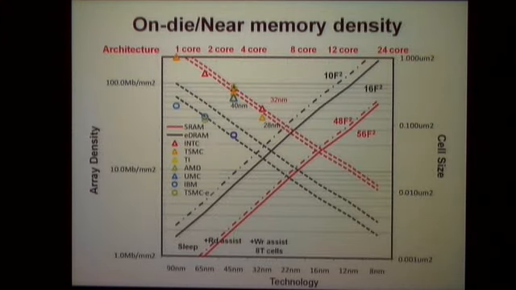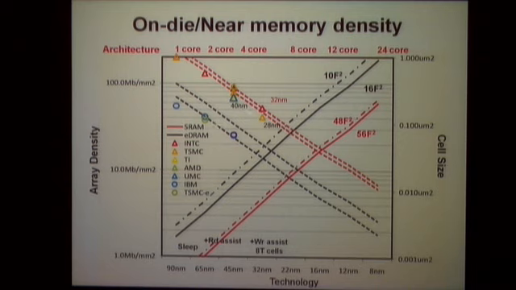So this is a traditional graph which shows on-die memory. This is the last level of cache, let's say. On the y-axis on this side, I have the added density, and on this side, I have the cell size. And I have process technology node all the way from 90 nanometer to, let's say, an 8 nanometer process. These are data points from different industry standard leading edge processes, and we see that we have pretty much been on the curve for both SRAMs and embedded DRAMs.